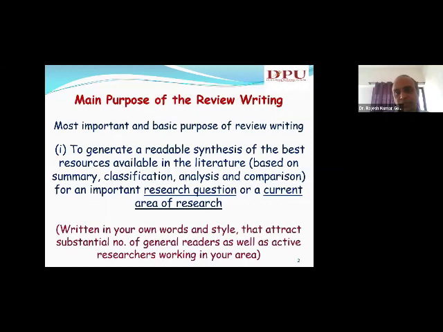The most important and basic purpose of review writing is to generate a readable synthesis of the best resources available in the literature, based on summary, classification, analysis, and comparison, for an important research question or a current area of research. This should be written in your own words and style that attracts a substantial number of general readers as well as active researchers working in your area or the topic of interest.